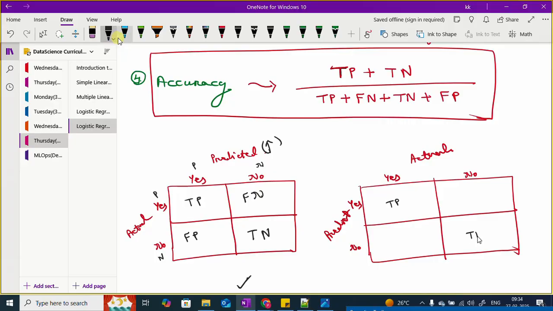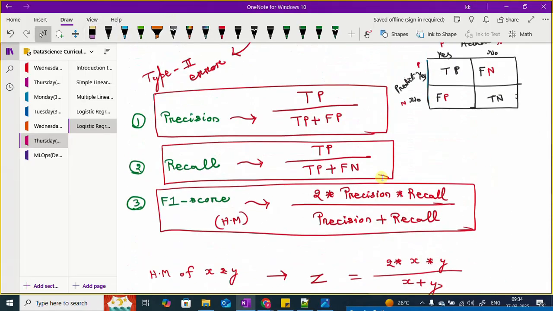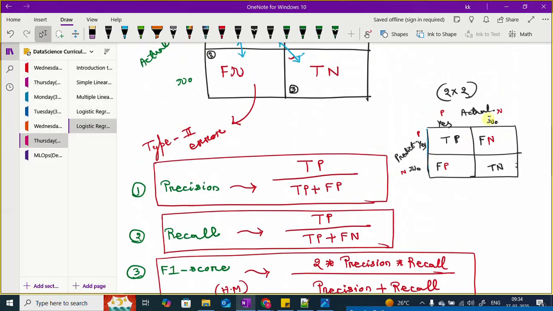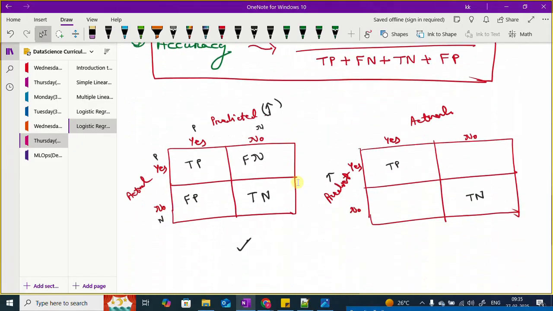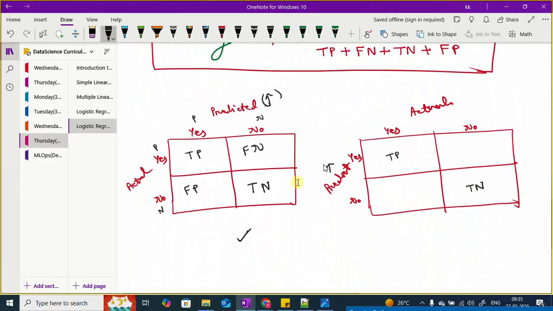This will be true negative. Now in this case, what happens, guys? Am I giving more priority to predicted or actual value? One minute. Here I'm giving first priority to actual. Let me put this symbol so that you can understand. In the two cases below, I'm giving more priority to predicted.